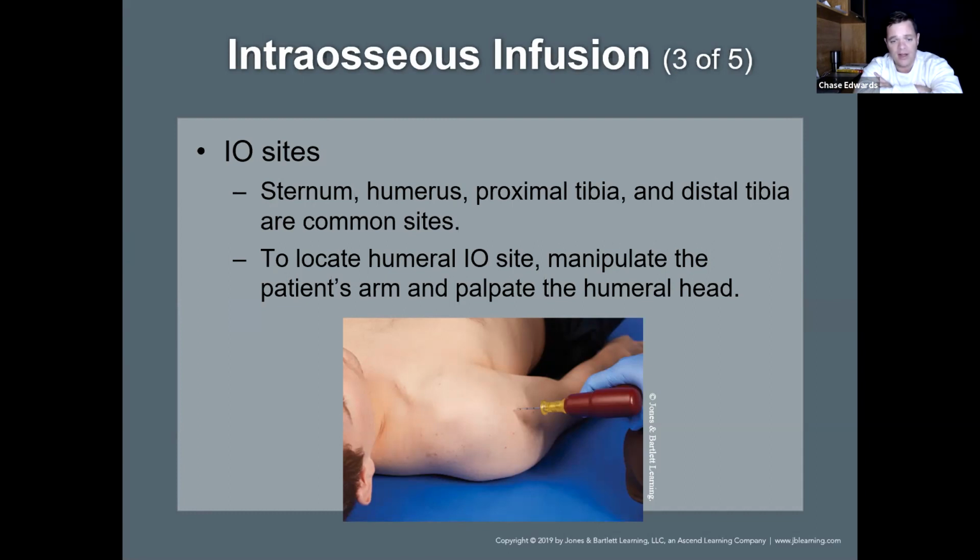So yes, we still use manual. Or you'll use this. What I did is I used this manually.